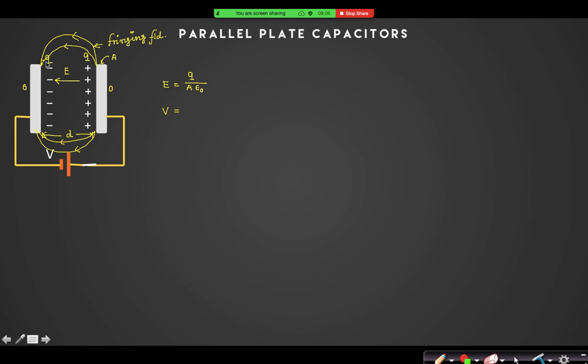So I cannot assume the electric fields to be parallel or uniform. That is why the fields will bend somehow like this, but again the field has to come from this positive plate to negative plate. That is why the bending is there, right? But we do not have any proper information of the field line in equation or the value of electric field at any point of the fringing field. That is why we always neglect them.